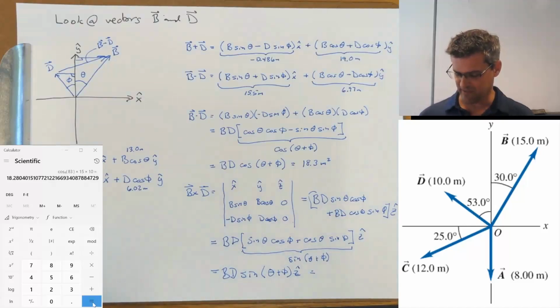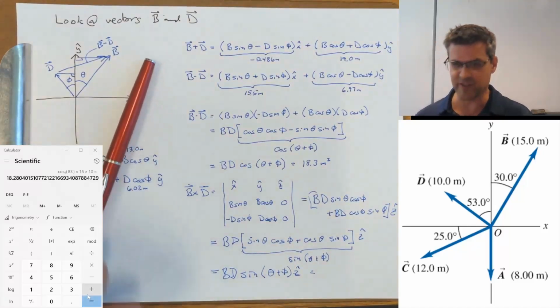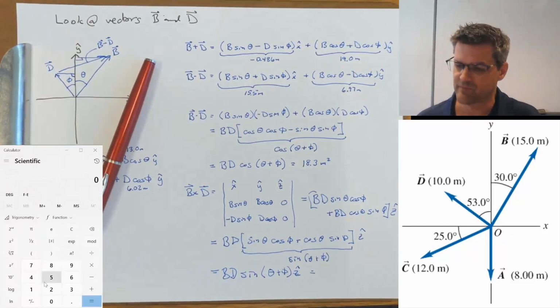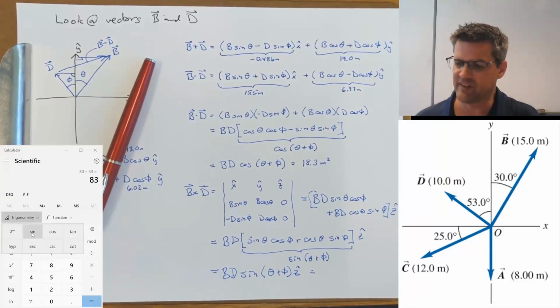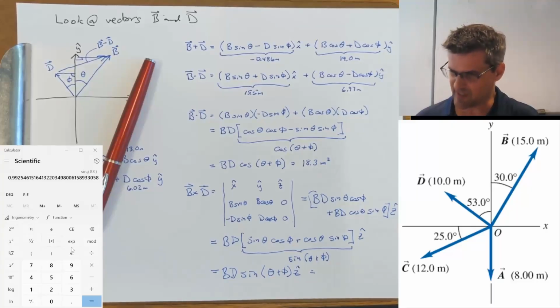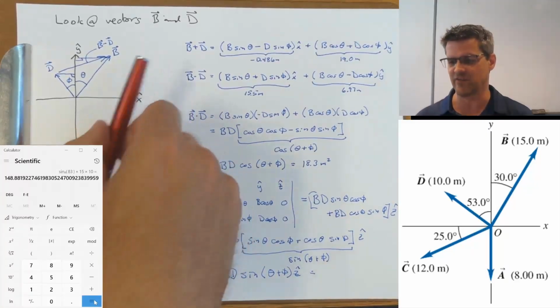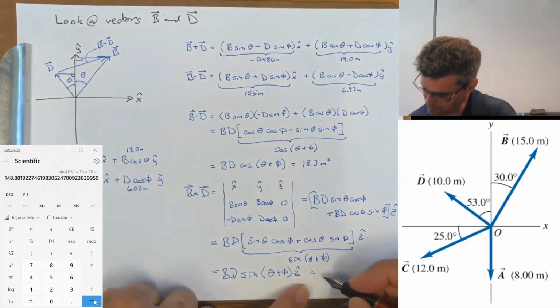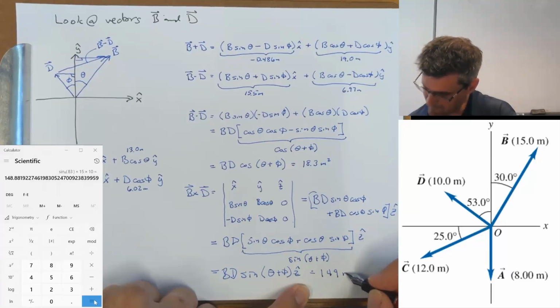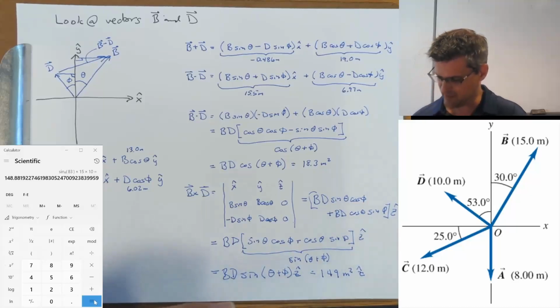And numerically, we can find this as well. We've got 30 plus 53. Sine of this angle is going to be close to 1, but not exactly, times 15 times 10. This is 149 meters squared in the z direction.